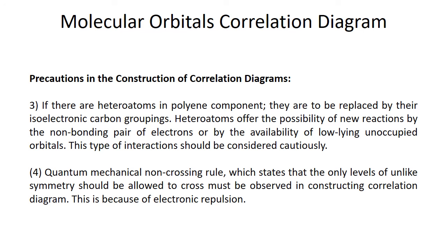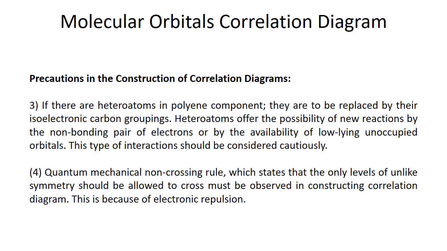So in this type of reaction, where the polyene component has a heteroatom present, we have to replace it by an isoelectronic carbon grouping, just like we can replace nitrogen by another carbon with its two hydrogens or one hydrogen attached. We have to make it an isoelectronic carbon grouping. We don't mention heteroatoms in polyene components, because if you carry out symmetry operations using those heteroatoms, there is a new possibility of non-bonding pairs of electrons, just like the lone pair on nitrogen.